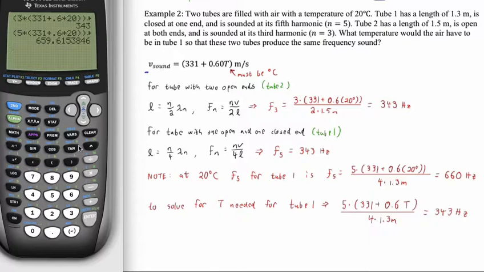So multiply both sides, do some arithmetic. First thing I'll do is multiply by 4 times 1.3 and divide by 5. So let's take this value that we solved for, and multiply by 4 times 1.3, and divide by 5.